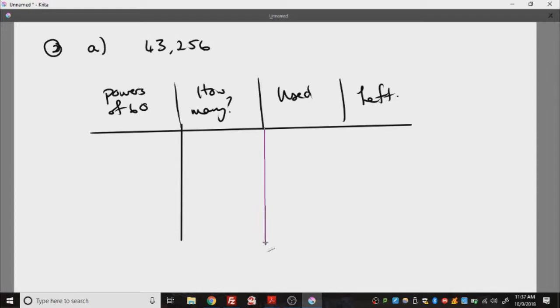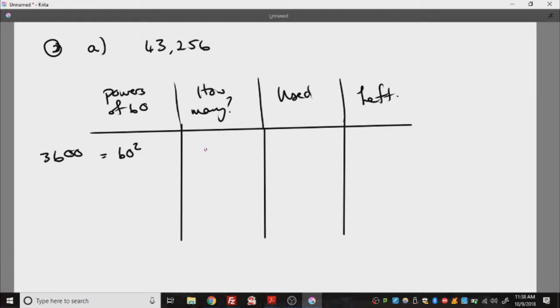How much I have left for the last column. So the highest power of 60 will be 60 squared, because I know the next one is 216,000. That's too big. So how many times does 3,600 fit into 43,256? Only whole times.